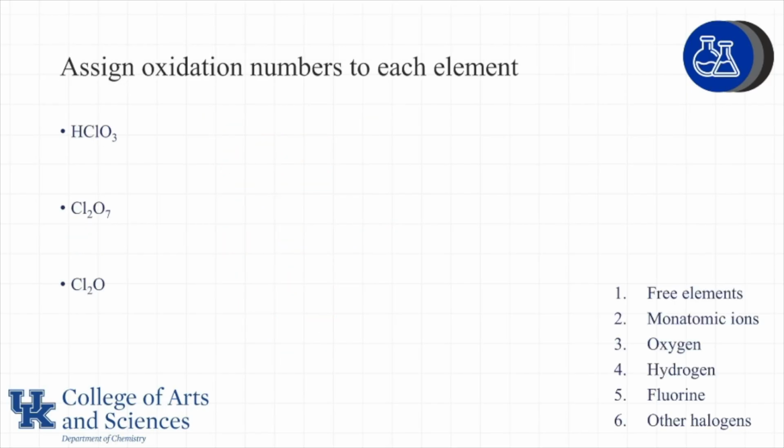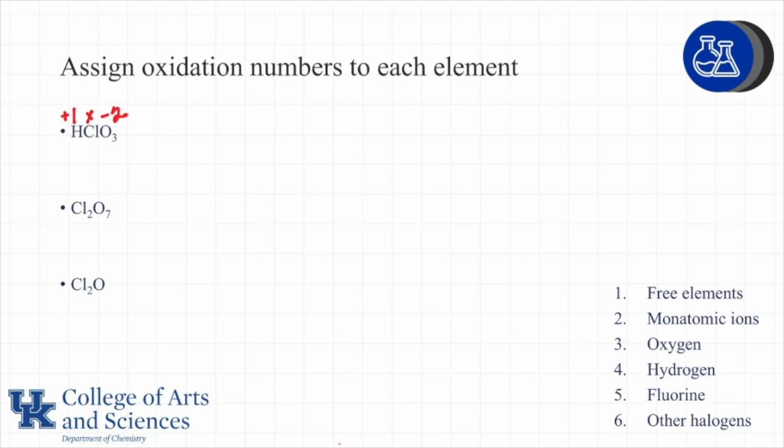Assign oxidation numbers to each element. Looking at these examples, we have no free elements, so we're never going to worry about that. Next, we look for monatomic ions. For NHClO3, I don't see any there. I have rules for oxygen and hydrogen. Hydrogen has a +1 oxidation number, oxygen has a -2, and I'm going to label the chlorine as X because remember, chlorine can have a -1 but can also have some positive values.